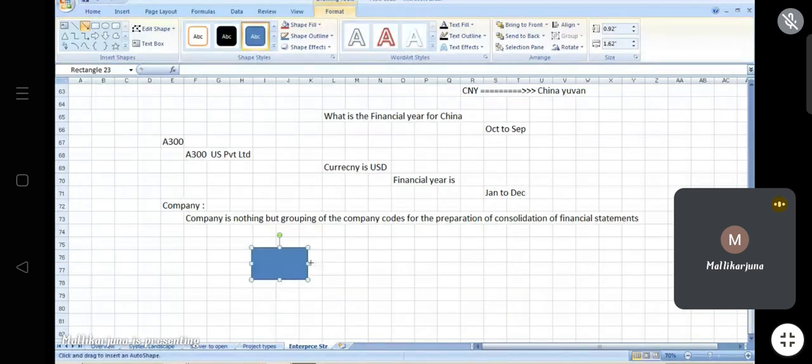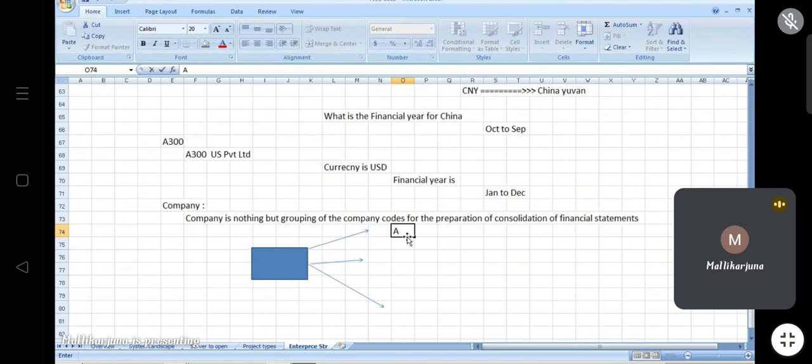Let's discuss 3 company codes: A100, A200 and A300. Now the question you will get: how do we prepare the consolidated statements when we have different financial years and different currencies? This A000 is our company.